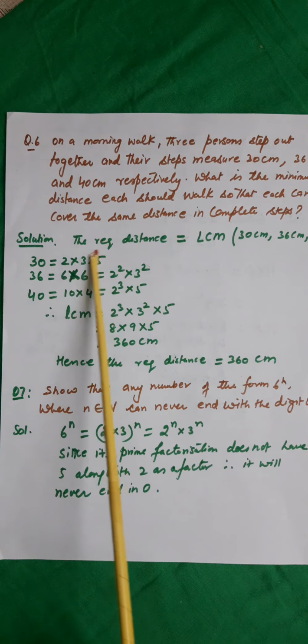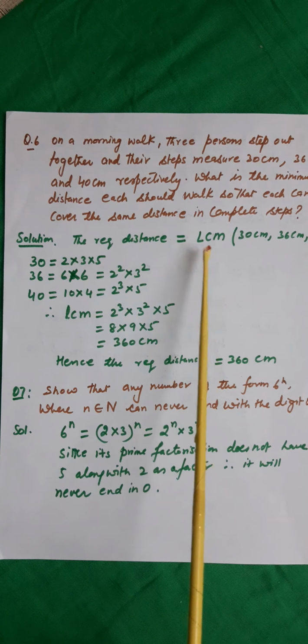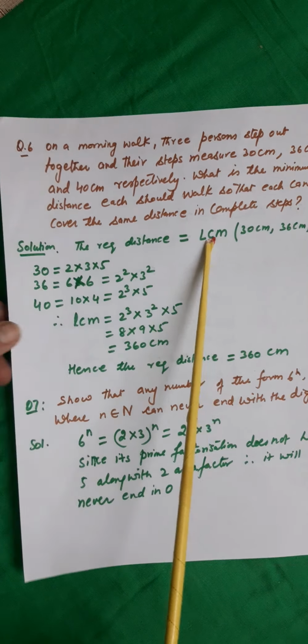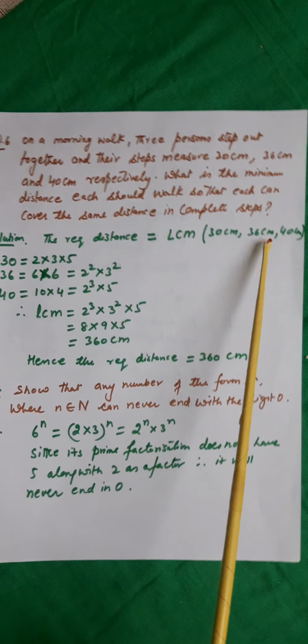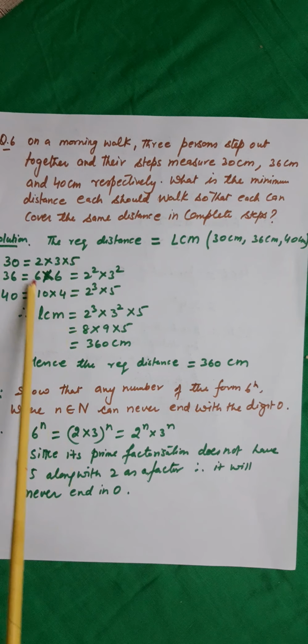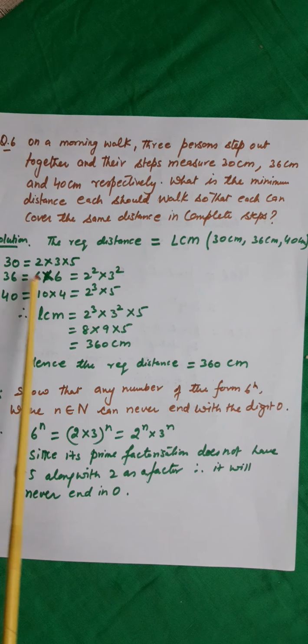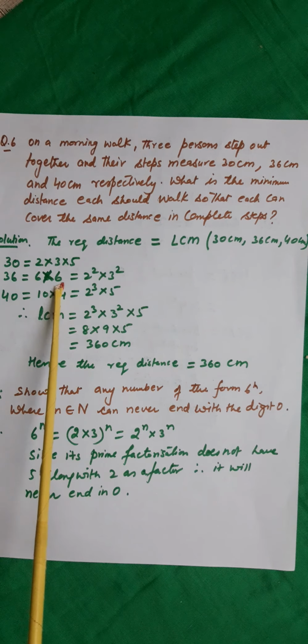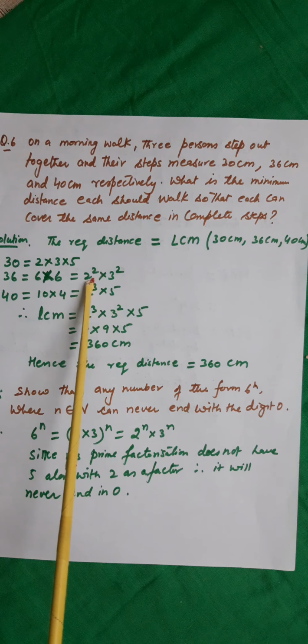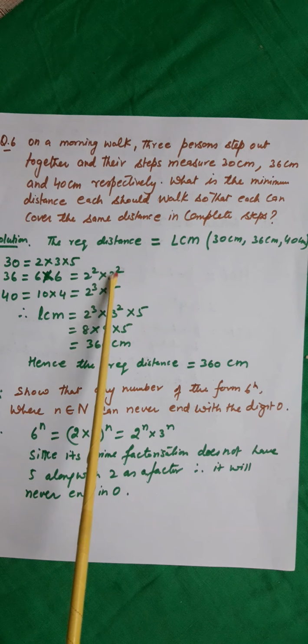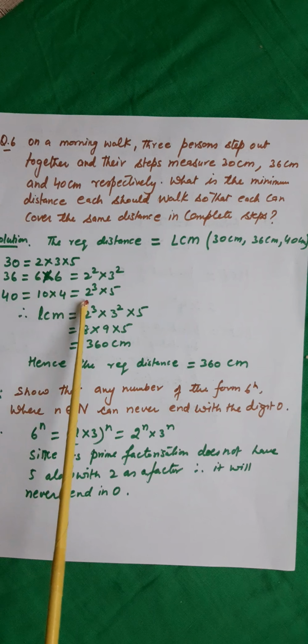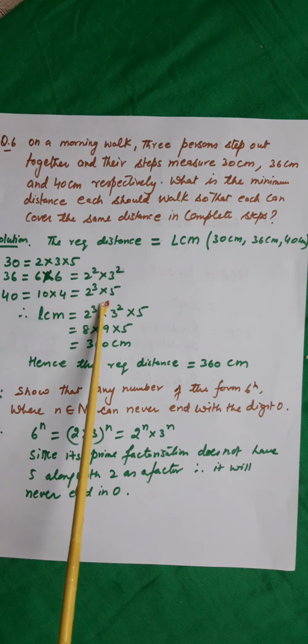For this case, the required distance will be calculated through the LCM of 30 centimeters, 36 centimeters and 40 centimeters. So 30 can be written as 2 into 3 into 5. 36 can be written as 6 into 6, that can be further written as 2 raised to the power 2 into 3 raised to the power 2. Similarly, 40 can be written as 2 raised to the power 3 into 5.